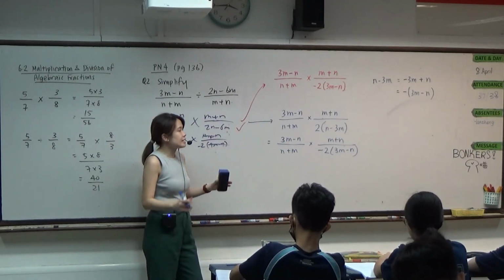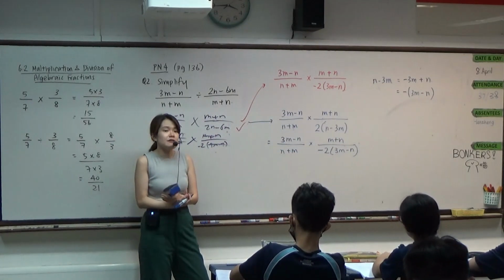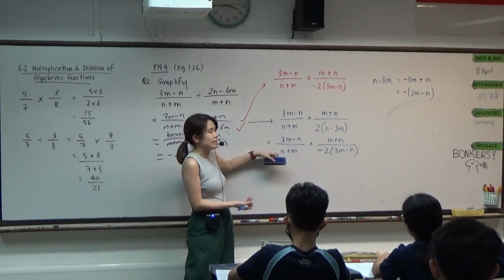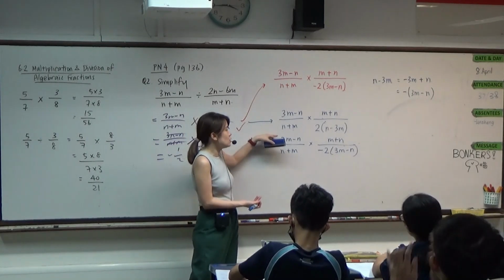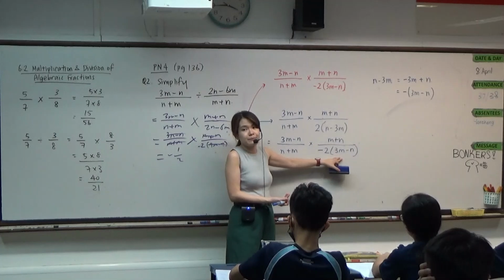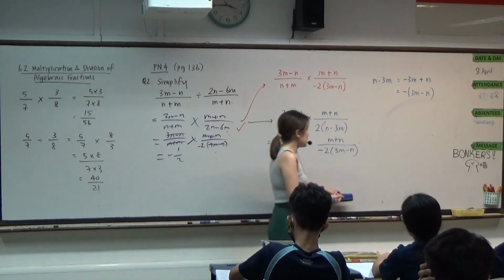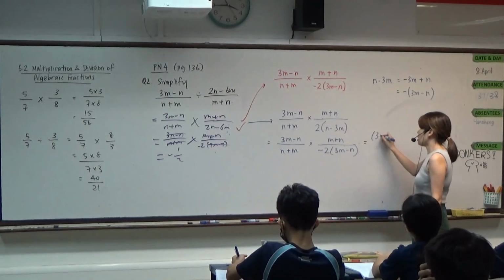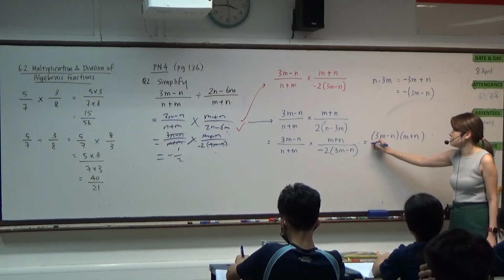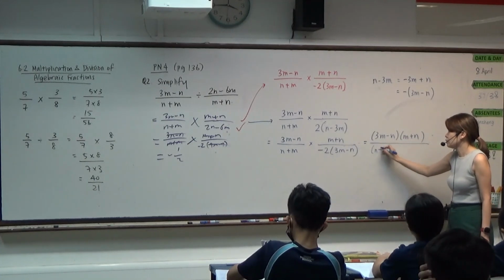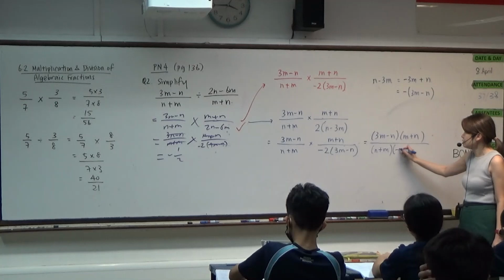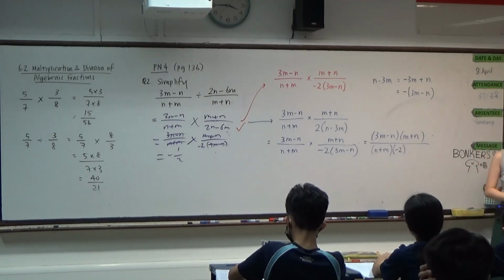And there is a purpose behind it. Because eventually when you want to simplify, you want to divide by a common factor in the numerator and denominator, so you want to cancel away the 3m minus n. In our next step, when we combine everything together, numerator with numerator, denominator with denominator, take note that the negative 2 needs brackets on its own.